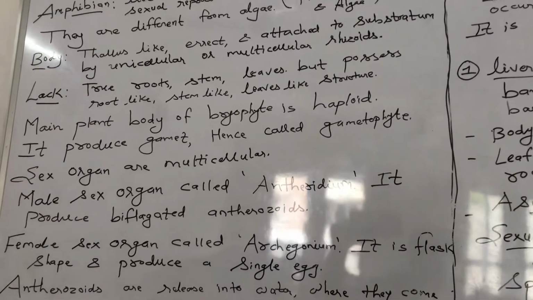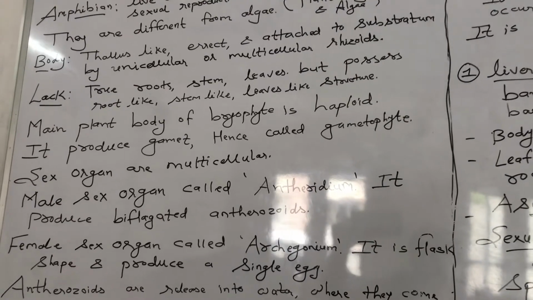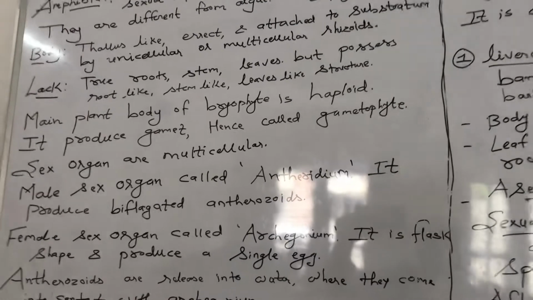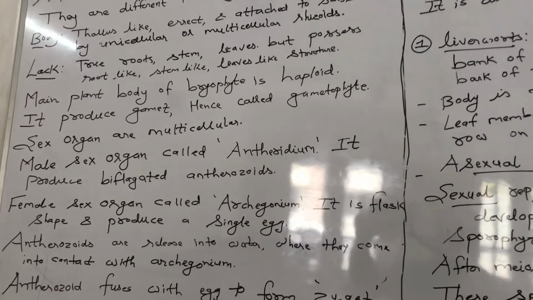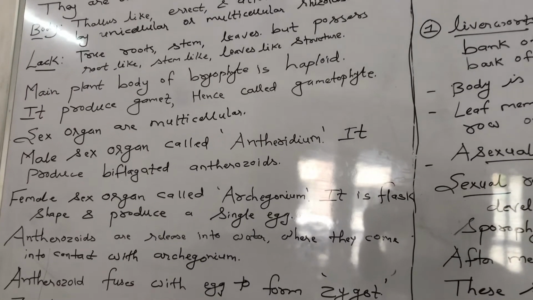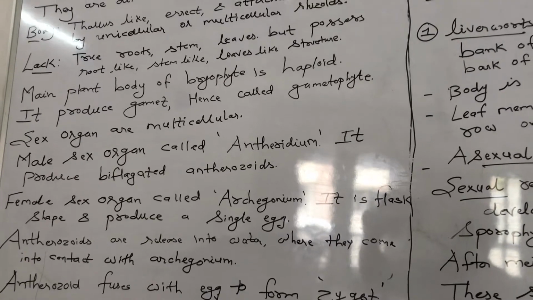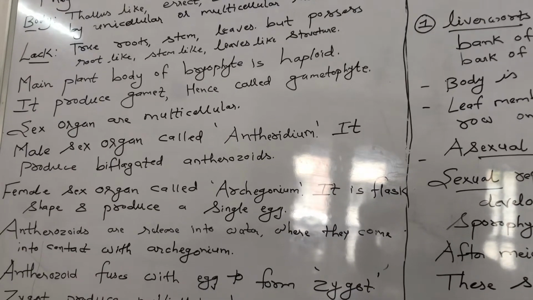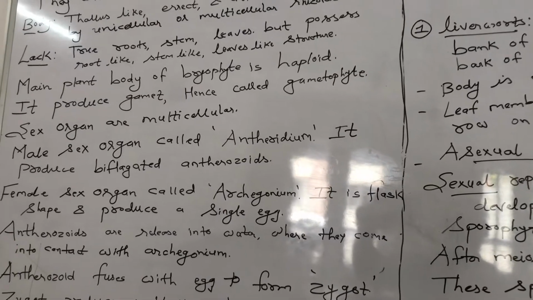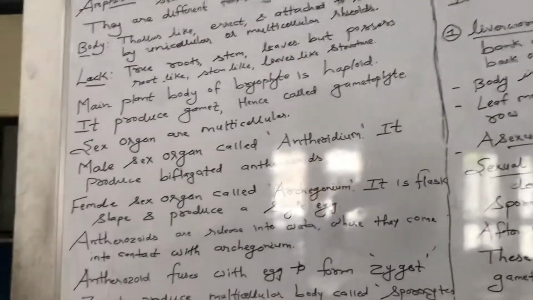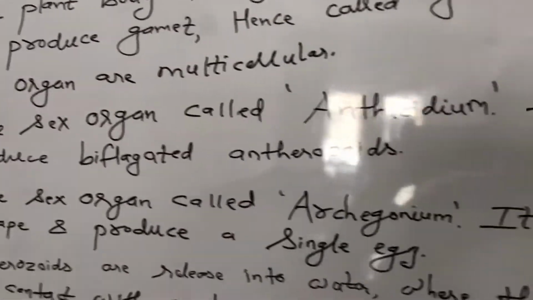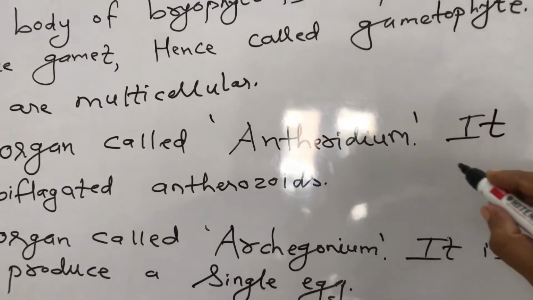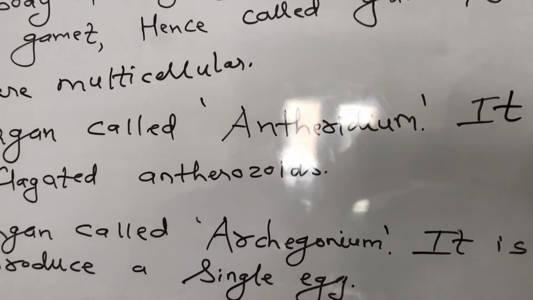Sex organs are multicellular in bryophytes. The male sex organ is called the antheridium, and it produces biflagellated antherozoids.